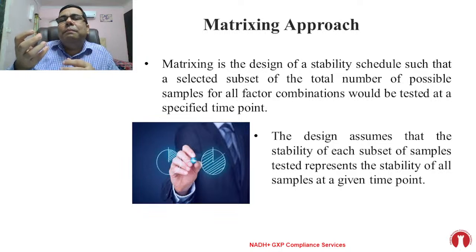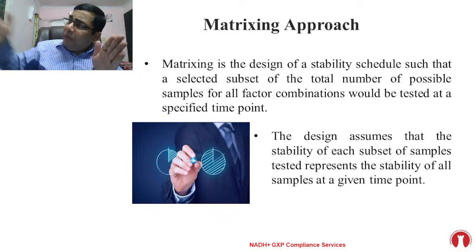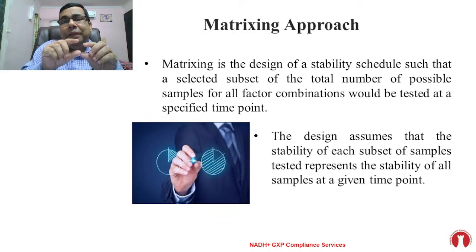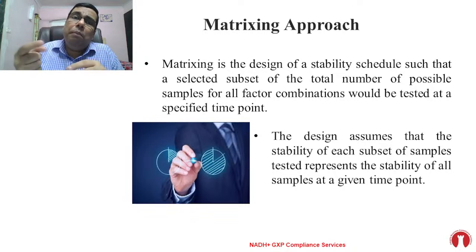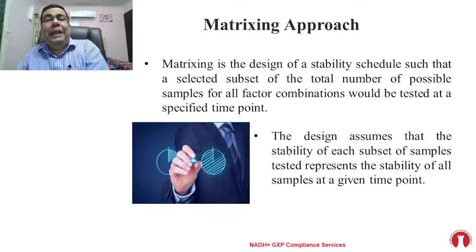The design assumes that the stability of each subset of samples tested represents the stability of all samples at a given time point. What does it mean? Suppose there are 3 batches, right? Each batch will have different time points. For example, suppose the first batch I am testing at 3 months. You may skip the second batch at 3 months and go directly to the next.